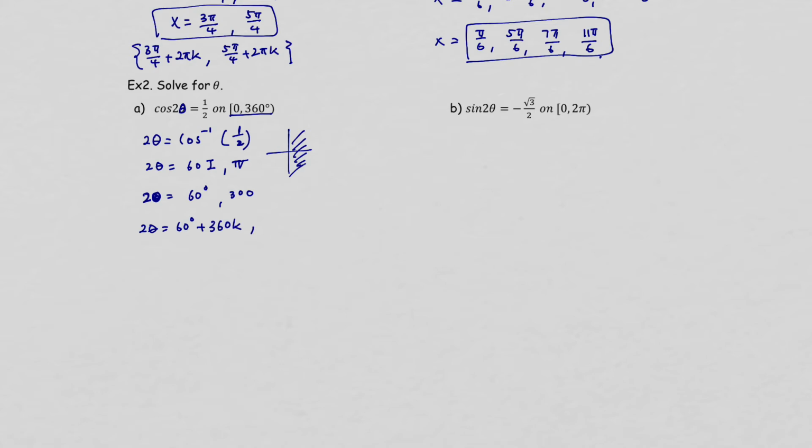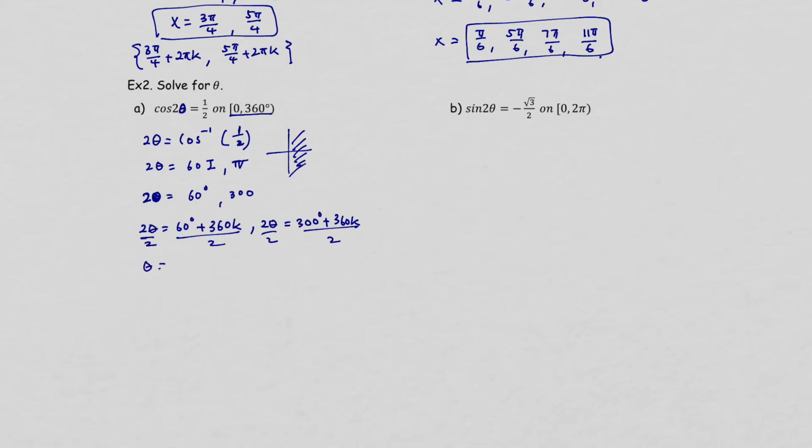Different rotations, right? That's one case, and 2 theta equals 300 degrees plus 360K will be the second option, right? In our fourth quadrant. And now isolate theta by dividing both sides of the equation by 2 on both solutions.